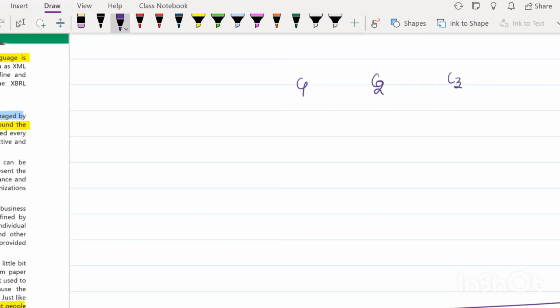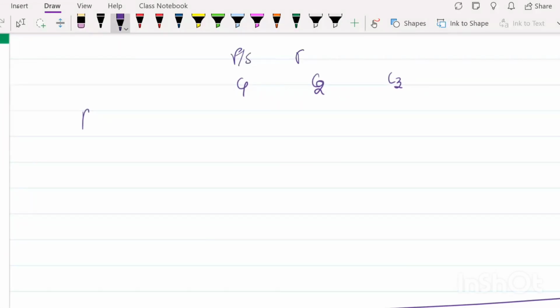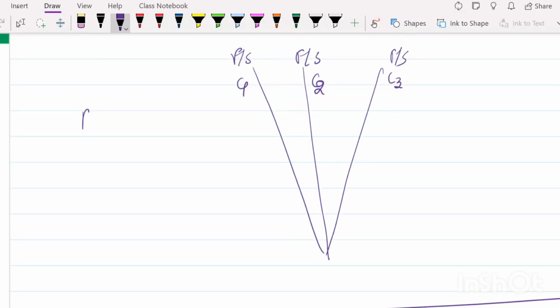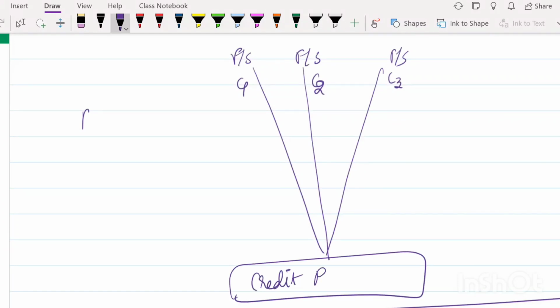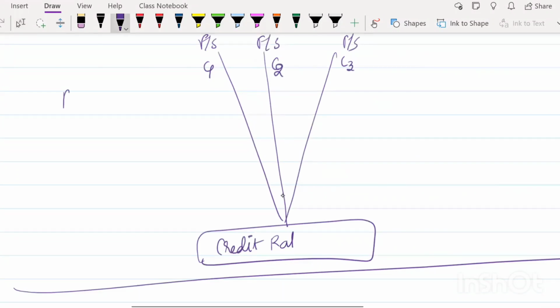All these 3 companies have to give their financial statements to a credit rating company, and the credit rating companies will give a score to all these companies. For this purpose, they are going to give their financial statements.